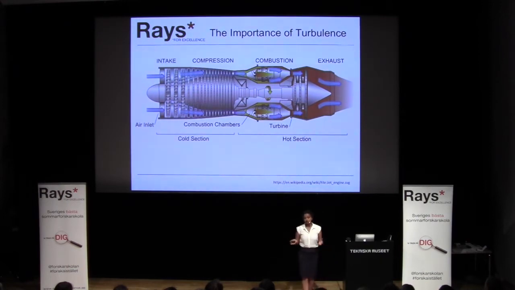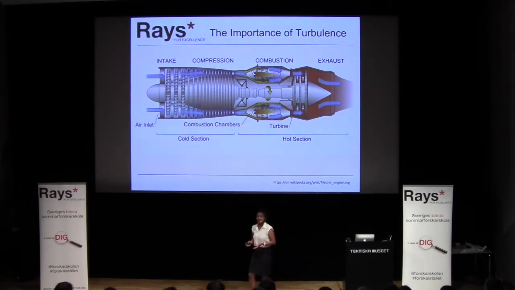This is a good advantage, and we use it to our advantage, but there are disadvantages, such as drag. Because when there's turbulence, there's also drag. When we're designing cars or planes, we want a very small amount of drag, because the more drag there is, the more fuel we use and the less efficient.